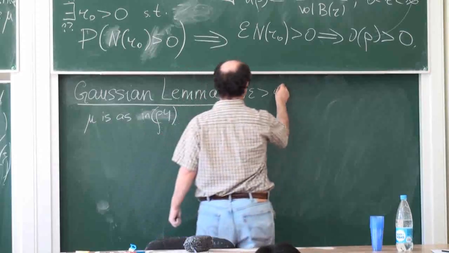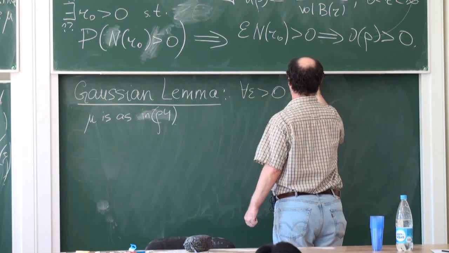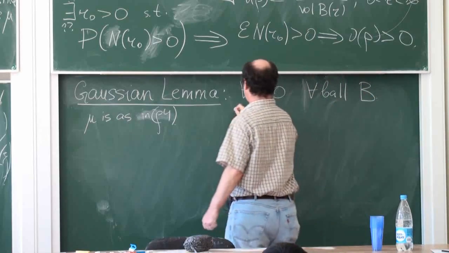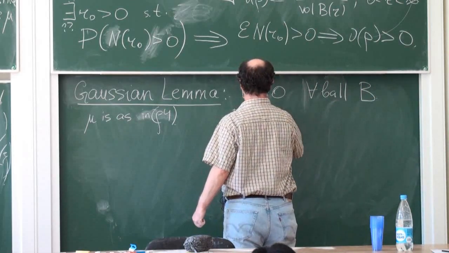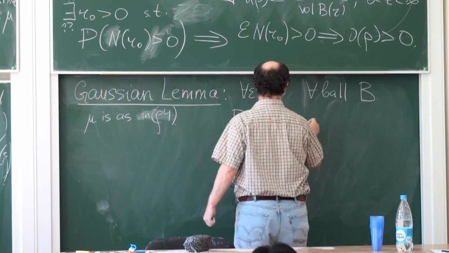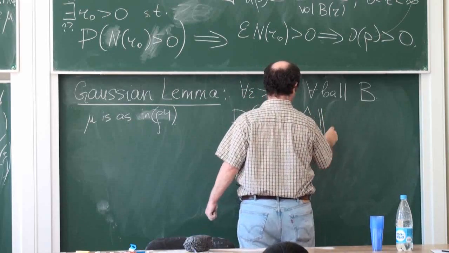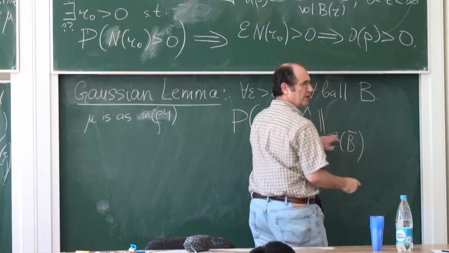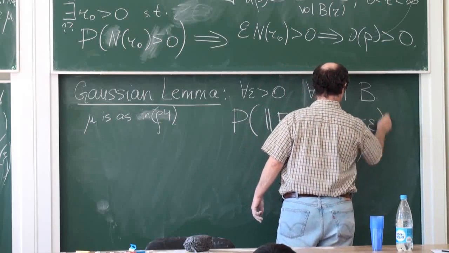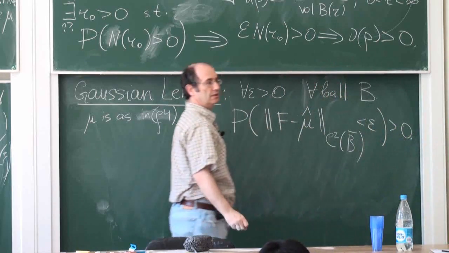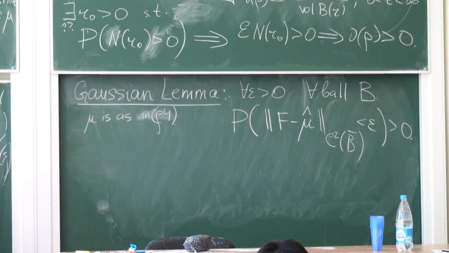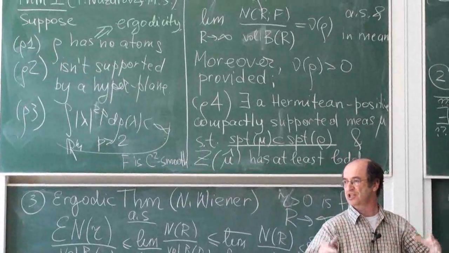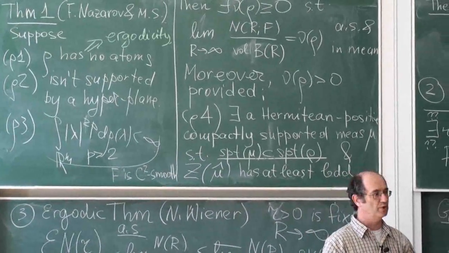Then for any positive epsilon, and for any ball B, the probability that our process is epsilon-close to the Fourier transform of my measure in the C2 norm, for us the C norm will be enough, is positive. Whatever measure we take with this property, there will be balls where our stationary function will be very close to the Fourier transform of this measure.